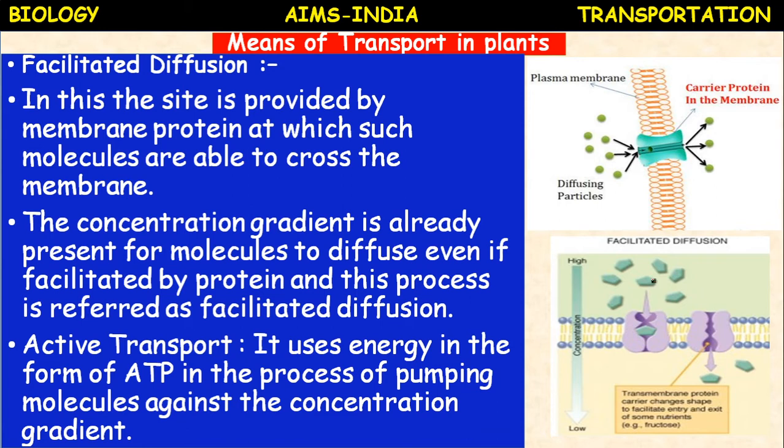In order to pass those substances, if the shape is like this, it won't pass. So it changes the shape here, see. Okay, that is facilitated diffusion. After changing the shape, the molecule comes out through the membrane. Okay, so this kind of transport in plants is called facilitated diffusion.